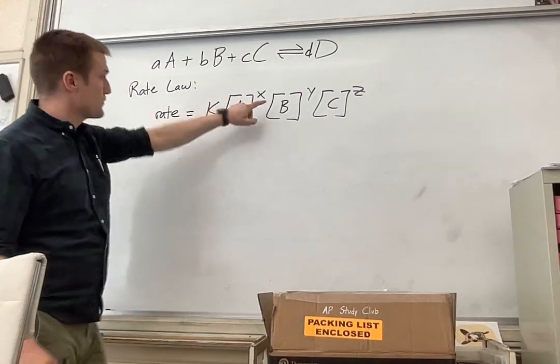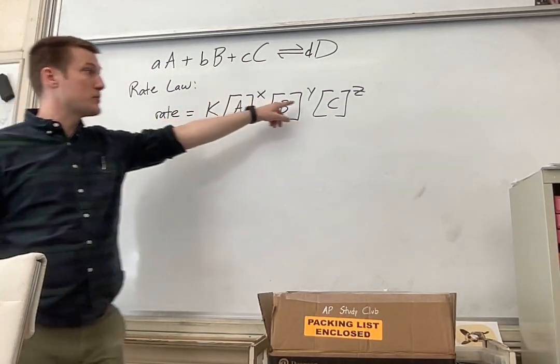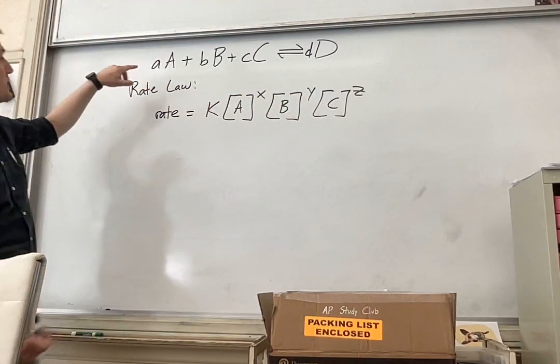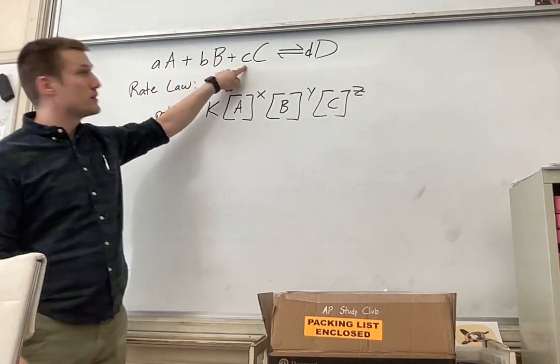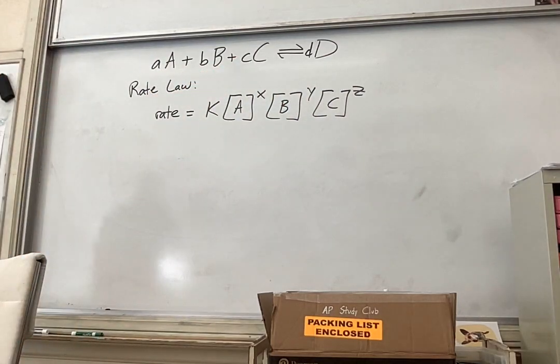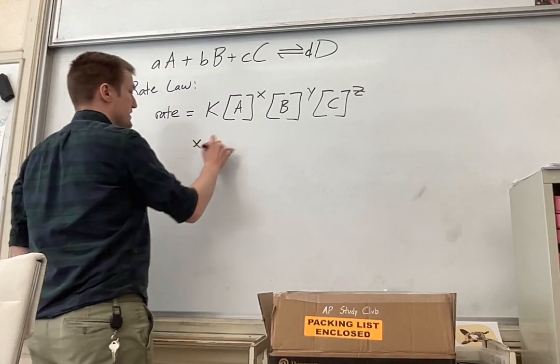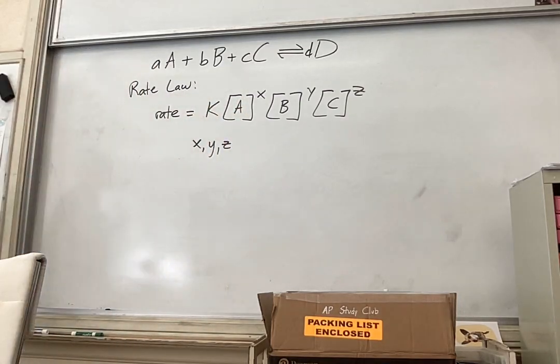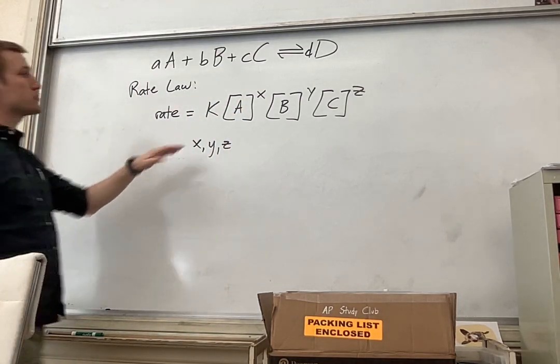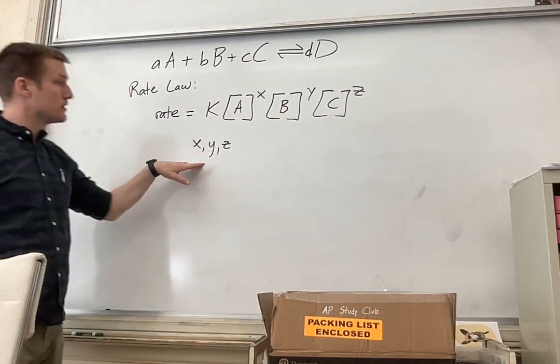And then notice for the rate law, these exponents are not necessarily the stoichiometric coefficients. These x, y, and z values are what we call the order of the reaction with respect to each reactant.